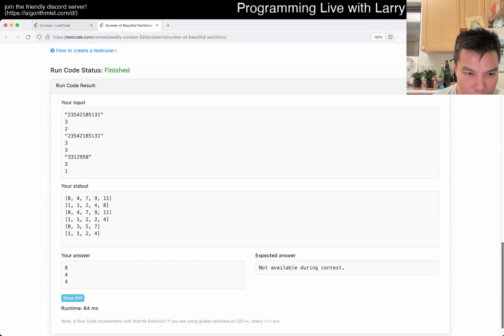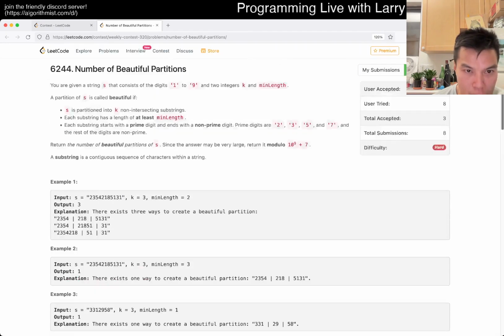So they all fit. Why is 5131 not right? Or like just go this and then 5131. Okay, it's to be 3.